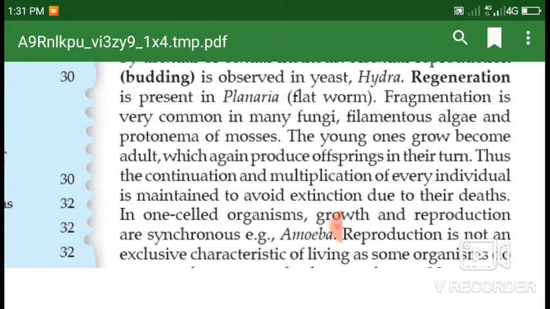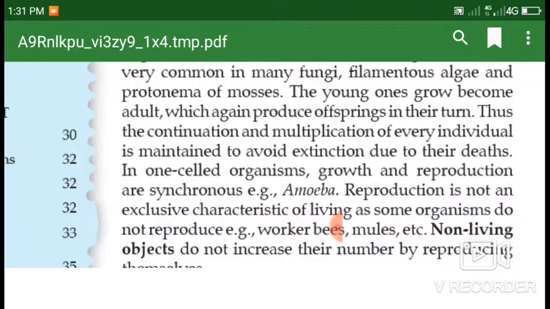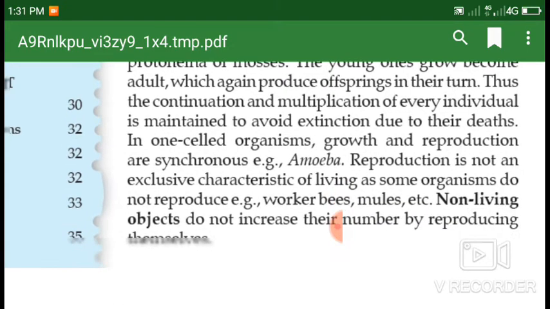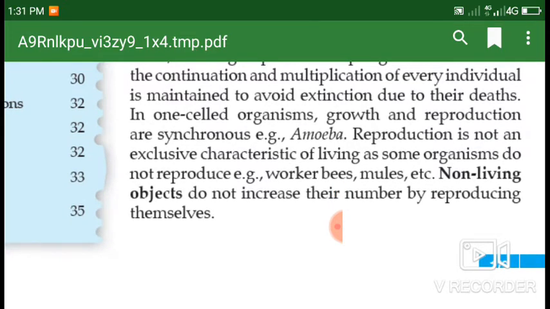In unicellular organisms, growth and reproduction are synchronous, for example amoeba. Reproduction is not an exclusive characteristic of the living, as some organisms do not reproduce, for example worker bees and moths. Non-living objects do not increase their numbers by reproducing themselves.